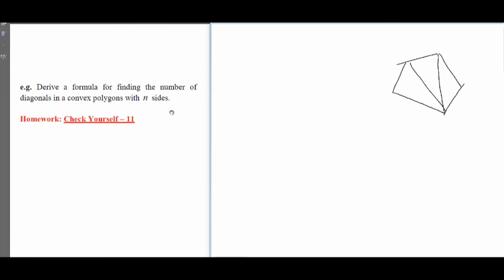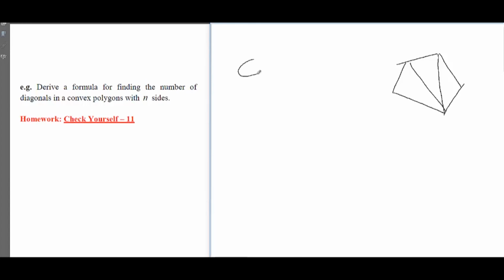So if the total number of sides of a polygon is n, it means that there are n vertices in this polygon. The total number of vertices is n. But what do we want here? We want the subsets which have two elements from these n elements.